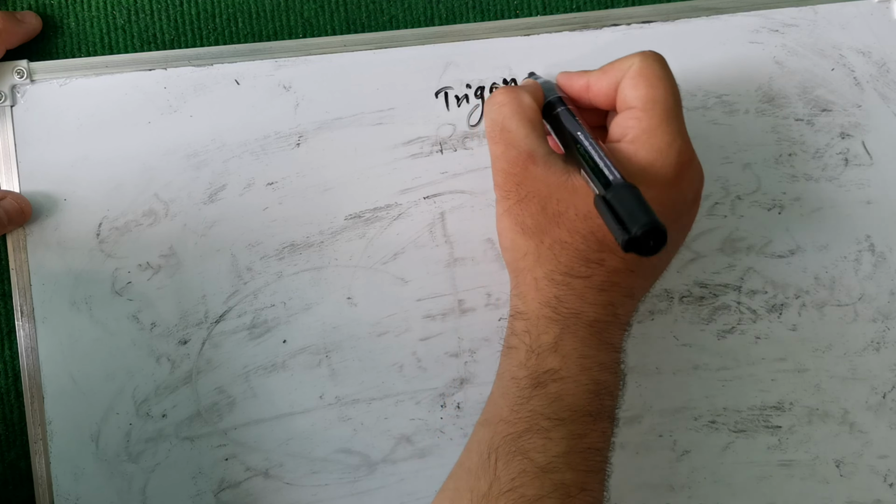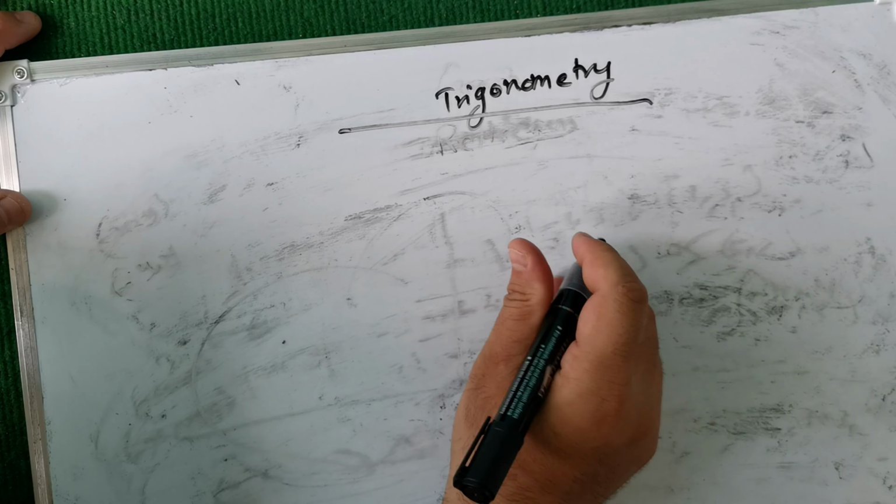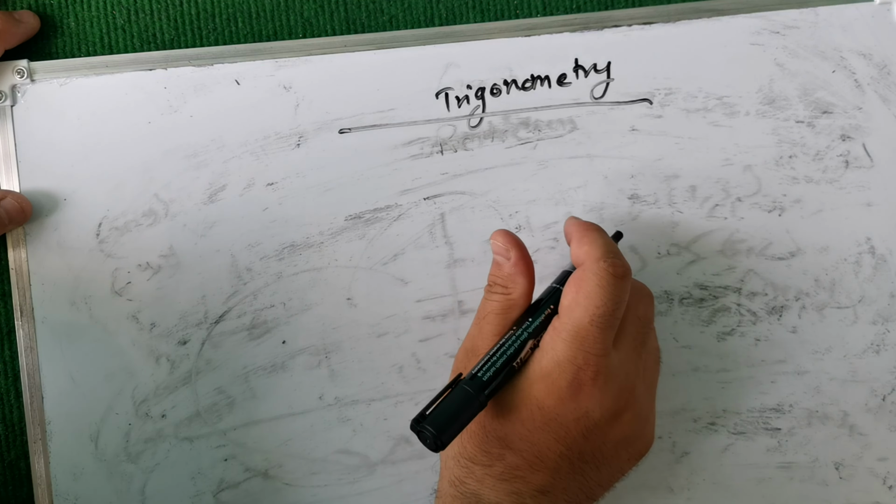Okay, now let's talk about trigonometry. Sin theta is equal to p by h, cos theta is equal to b by h, tan theta is equal to p by b.